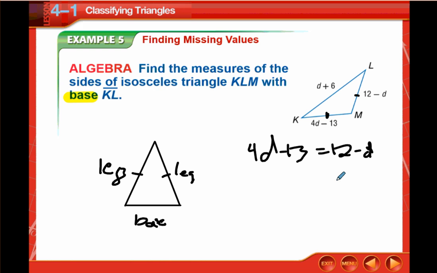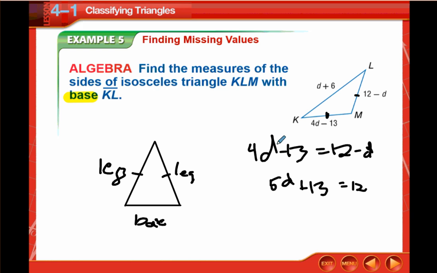Okay, we want to just solve that for the variable D. If I add D to both sides of the equation, I'll get 5D plus 13, rather, is equal to 12.